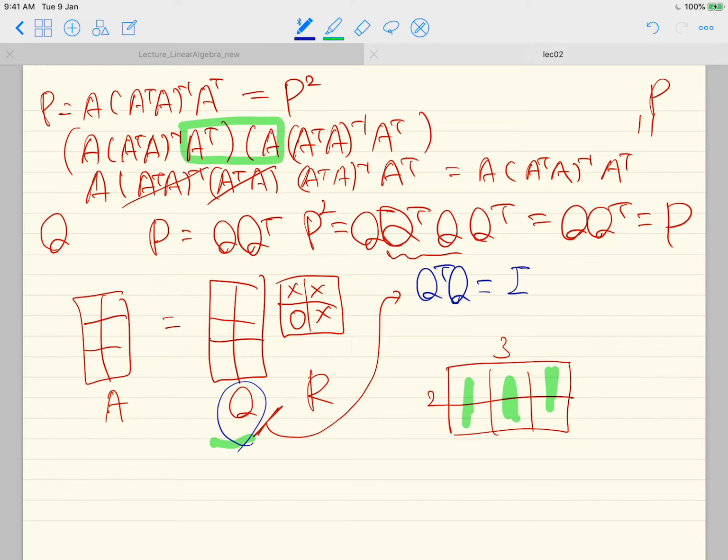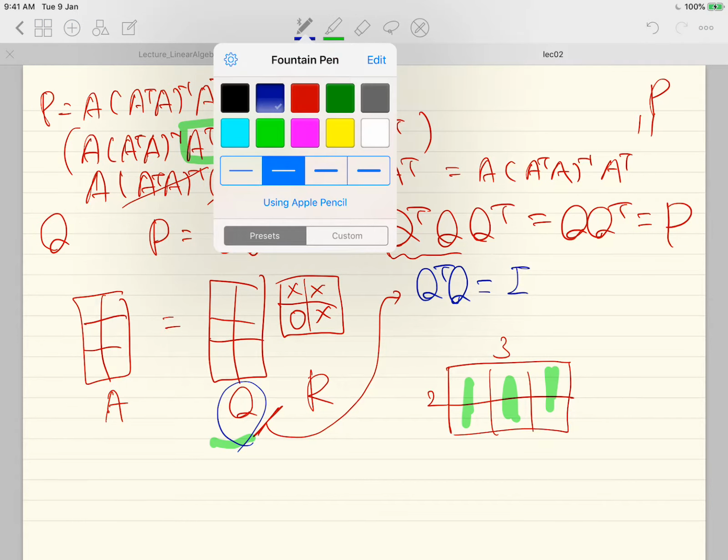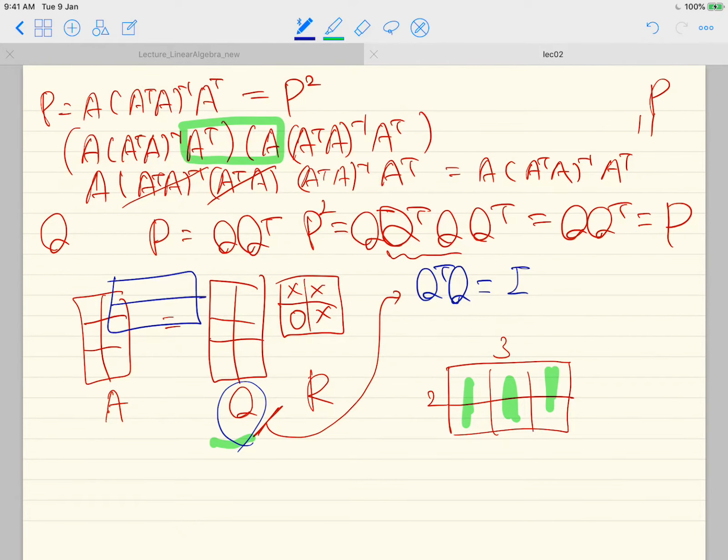Because if we multiply Q transpose on the left, in this case we have the 2 orthonormal columns, and they are multiplied as rows on the left, and thus it will produce the identity matrix.